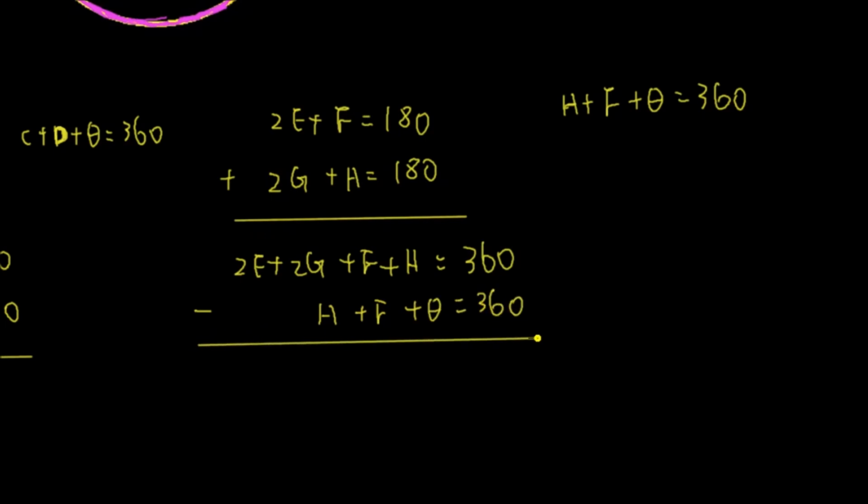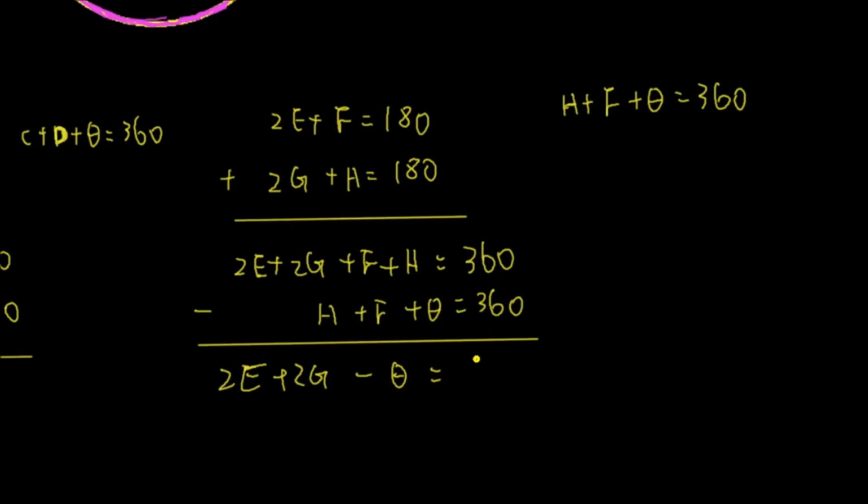So what I'm doing here is, okay, this is 2E. So 2E plus 2G minus 0 is 2E plus 2G. Now, F plus H minus H plus F, same thing, so it's 0. 0 minus theta is minus theta. Right?